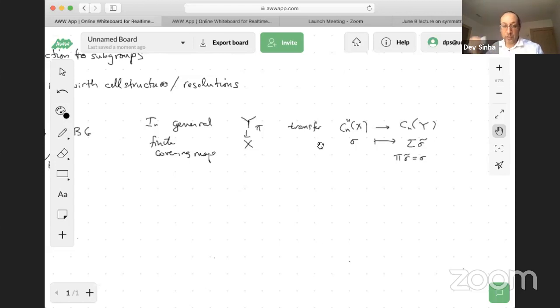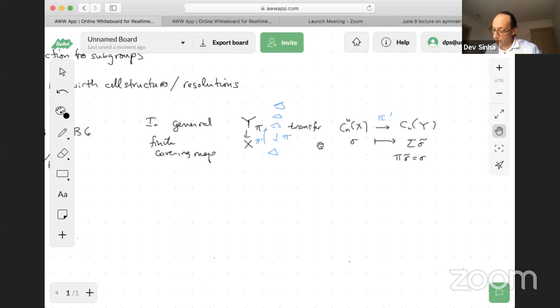So these are just all the lifts. You picture a simplex in the bottom, and you look at all the lifts over it. And so this is the transfer. It's often called pi shriek. So that's what pi shriek is doing.